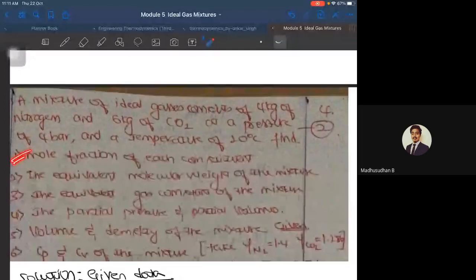So in this problem, I have incorporated all the possible values he may ask you to calculate in your examination. That means if you understand and solve this problem, it is equivalent to having solved all the problems in this module. That is how I have designed this particular problem.